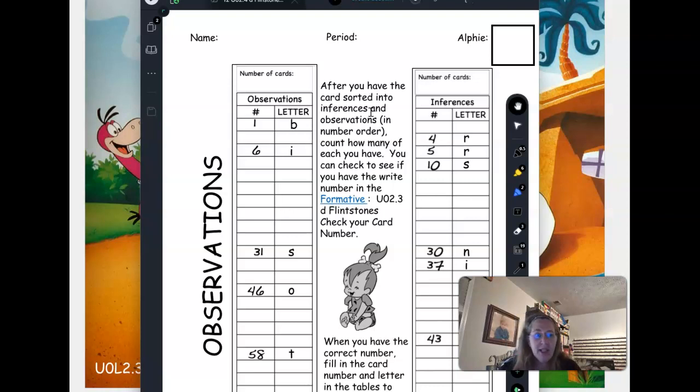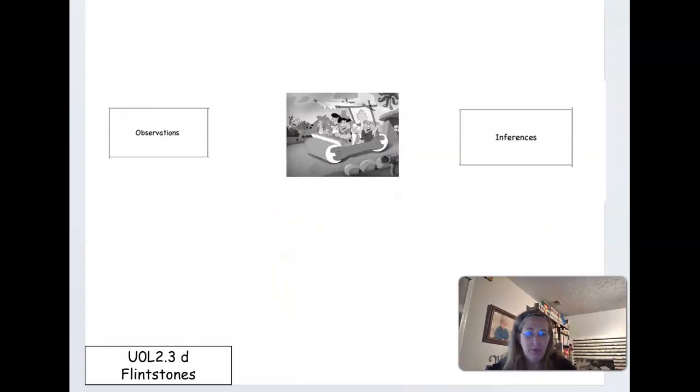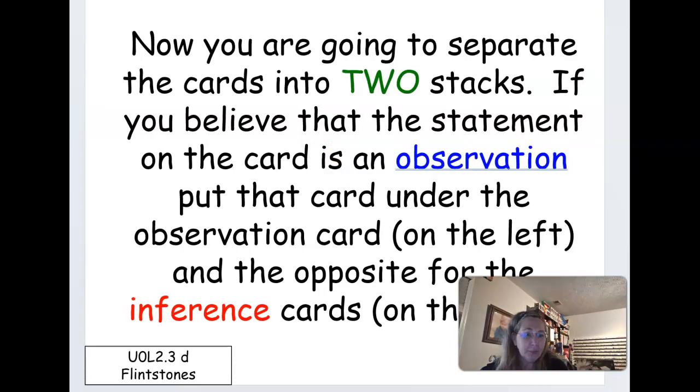When you get the right number of cards, you're going to put your cards in numerical order. Here's an example of what your desk would look like with observations on the left, inferences on the right, and the card that'll be in your bag with the picture on it. It'll be color, of course. You're going to separate them in two stacks.